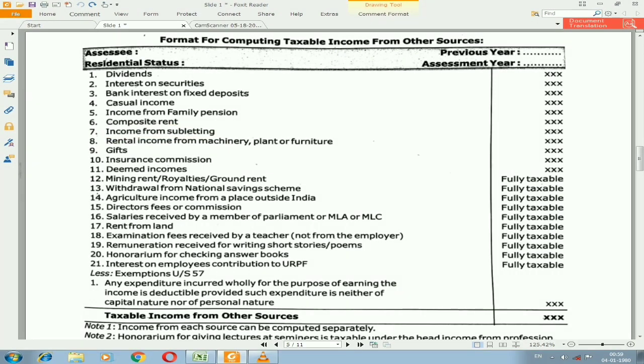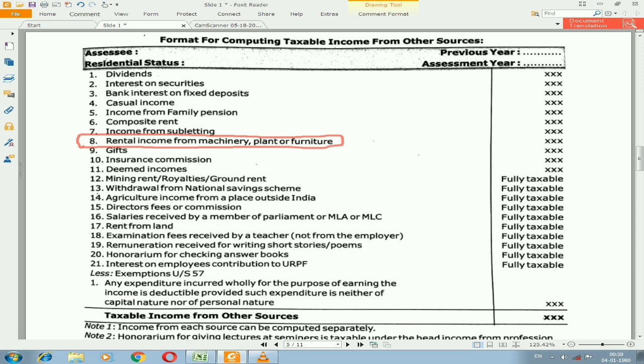The next income is income from machinery, plant or furniture. By giving machinery, plant or furniture on rent to others, they will get income, and that income will be calculated under other sources.